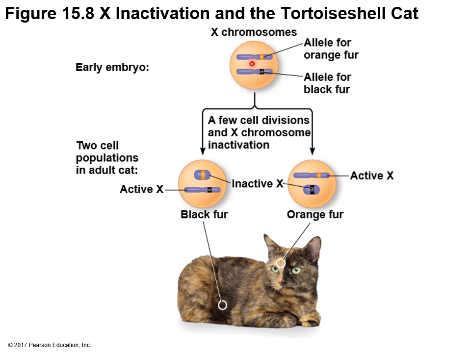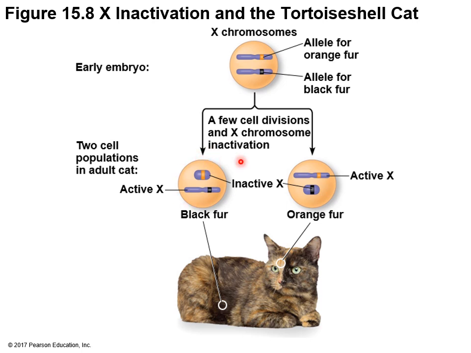One of the X chromosomes has the allele for orange fur, and the other one has the allele for black fur. But as you can see, during the development of the embryo, after a couple of cell divisions, one of the X chromosomes is going to be inactivated in certain cells, and vice versa for the other cells.